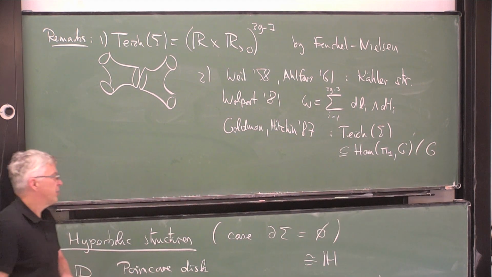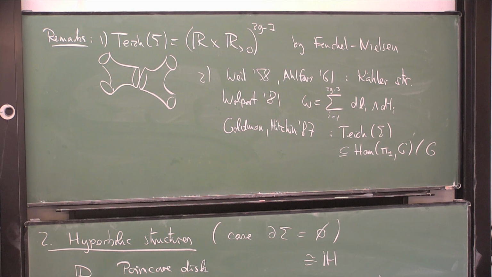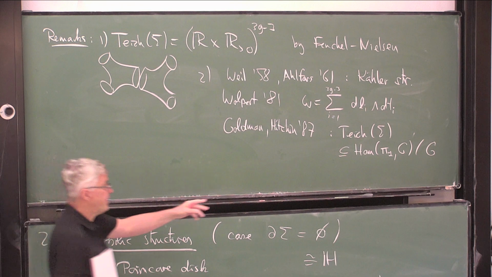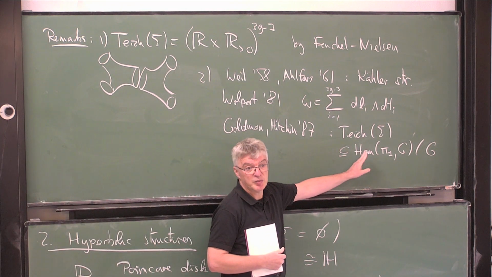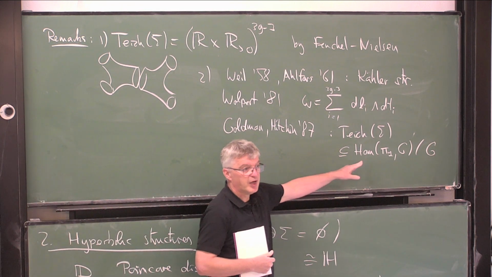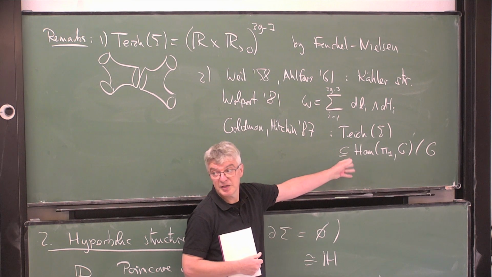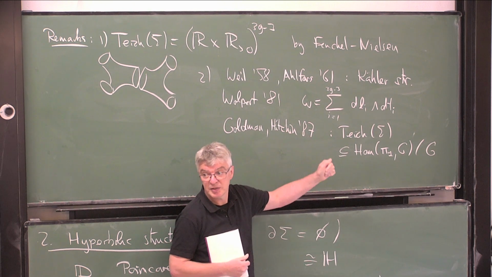All right, because the group that we're dealing with here is not simply connected, it's the group PSL(2,R). The representation variety has several connected components. And one of those connected components is exactly Teichmueller space.